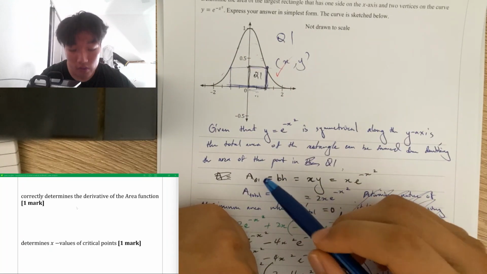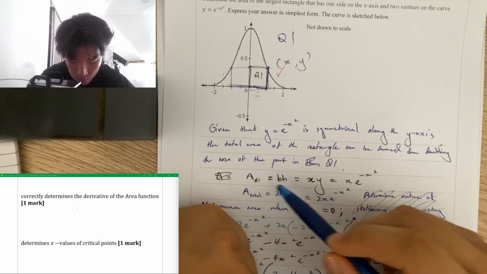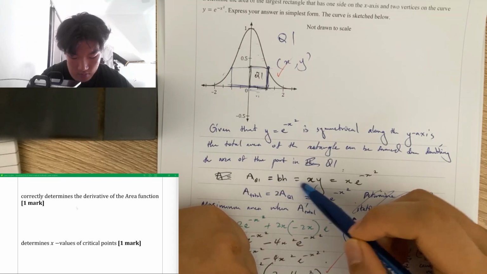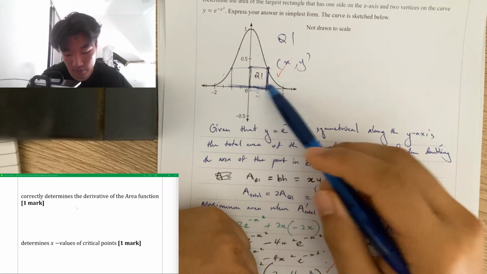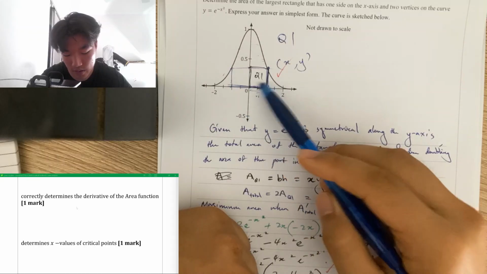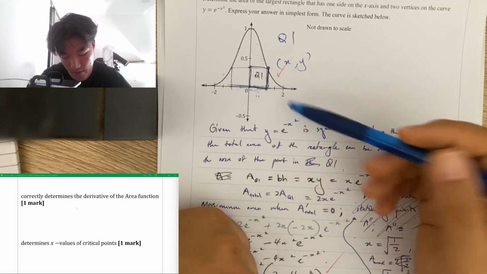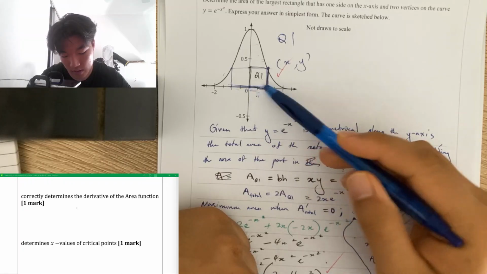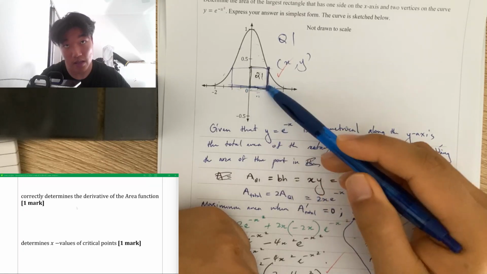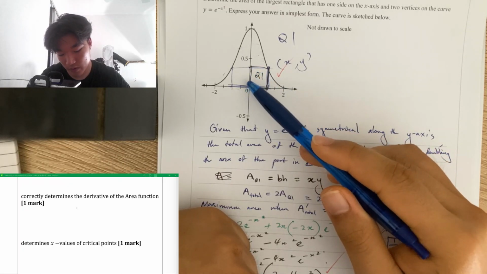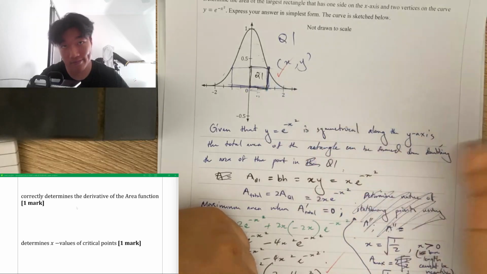So the area in quadrant 1 is just base times height, which is x, right? The base of the rectangle is defined along the x-axis. So the length or the base of the rectangle for quadrant 1 is just the x value. X goes from 0 to x.